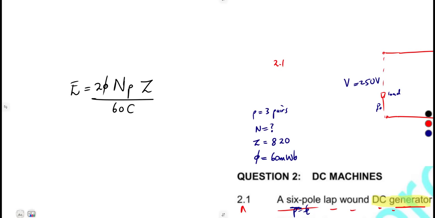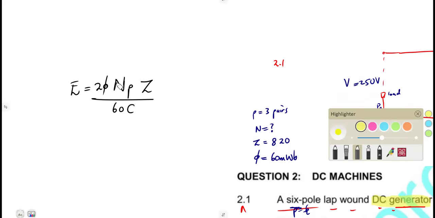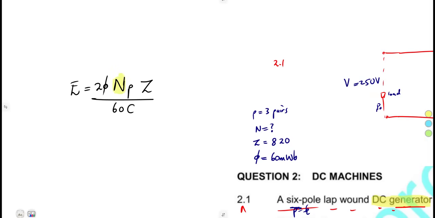So the speed is there in this formula, and we can make the speed the subject of the formula. If you cross multiply, then divide by the rest, that is going to give us the speed. So we're going to try to do that and have our speed. So multiply 60C times E, then divide by 2 flux PZ. All right, so divide by that.